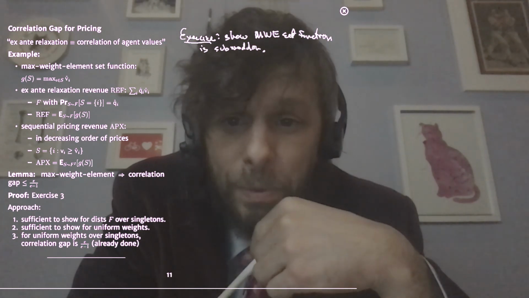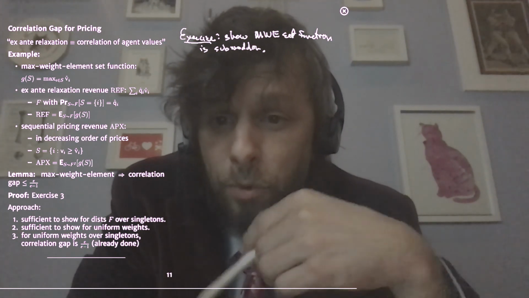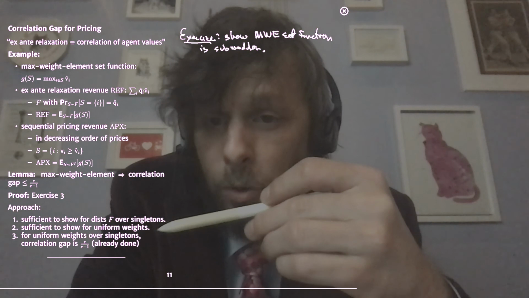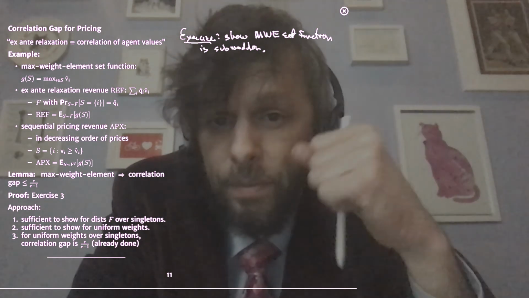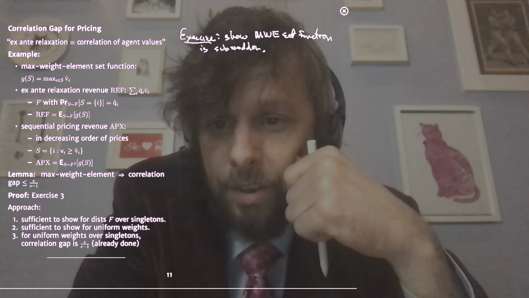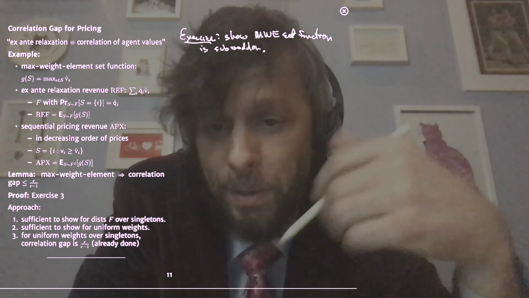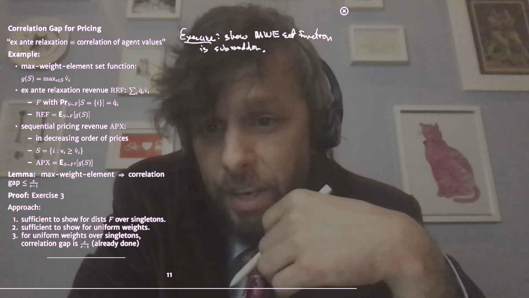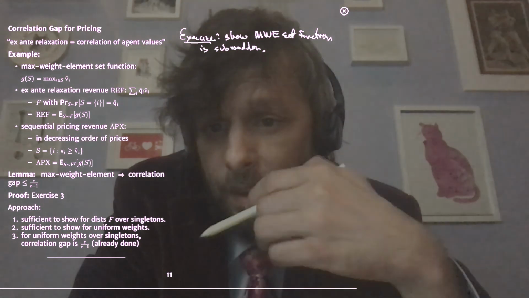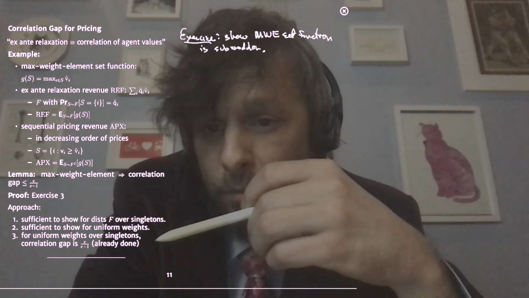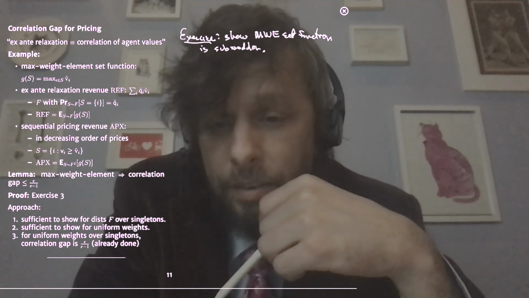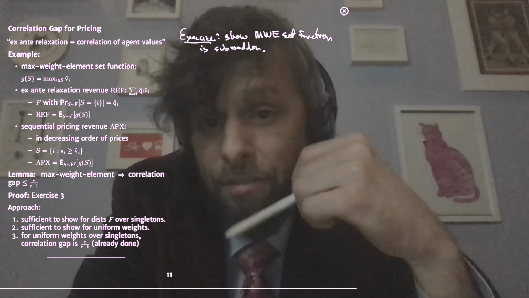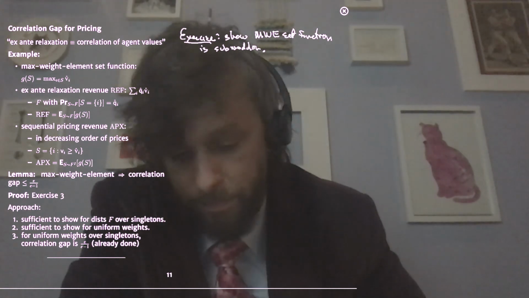Then show it's sufficient for uniform weights. The last step is, for uniform weights over singletons, show that the correlation gap is e over e minus 1. And that, in fact, we've already done.